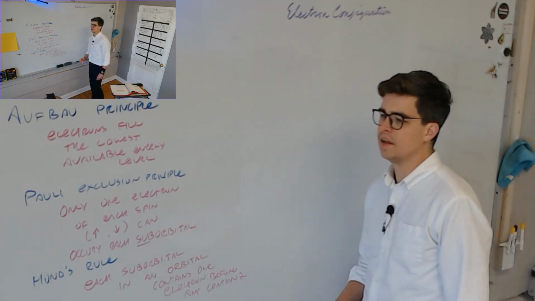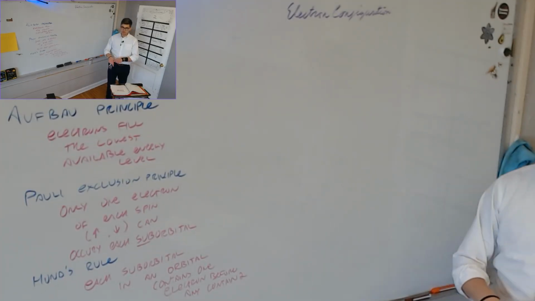Basically, they each get 1 before any of them get 2.